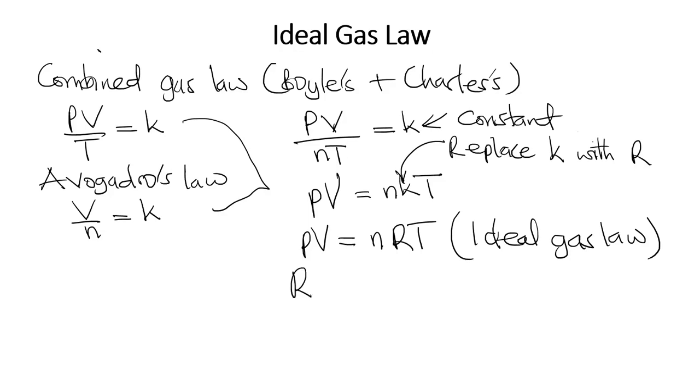R is called the universal gas constant. I mean, it has a range of values that you can use depending on the measurement. The value is the same, but depending on what type of measurements you are doing, the value can be given in different ways.